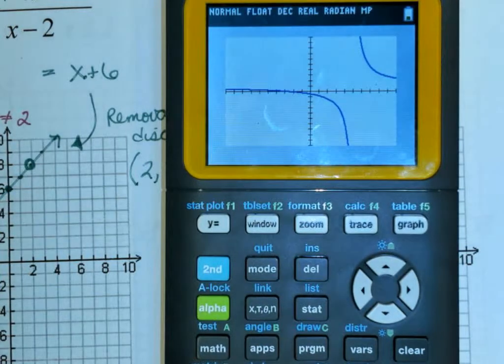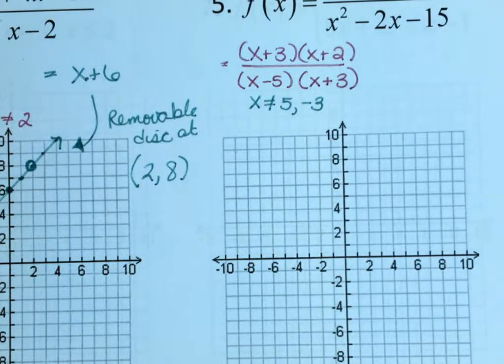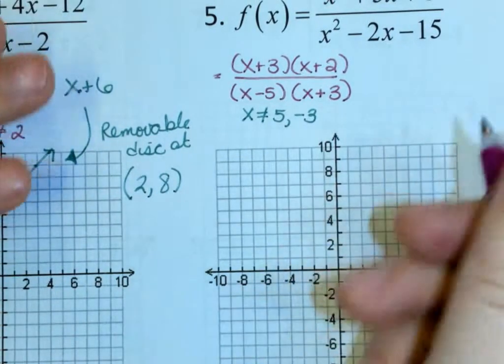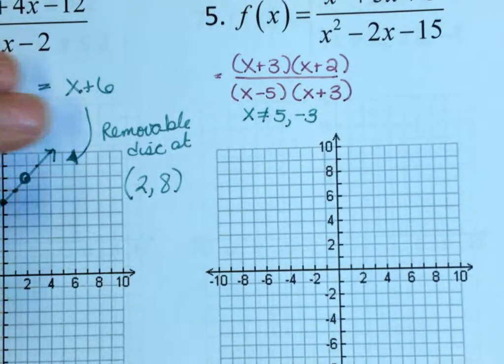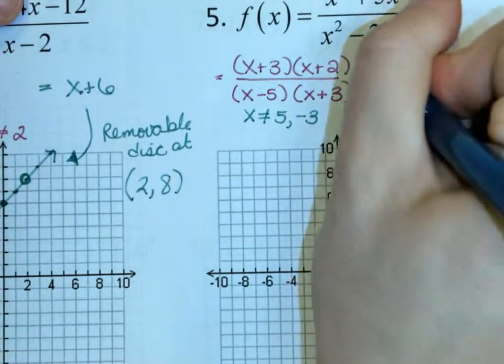What do you see on this graph? What do you see happening? There is an asymptote. Where is the asymptote? 5. Because if I go back to my problem here, if I were to simplify this, what would I do?